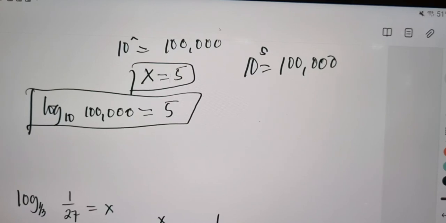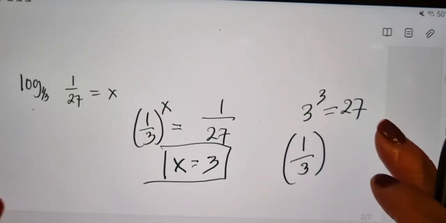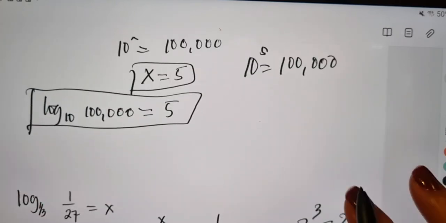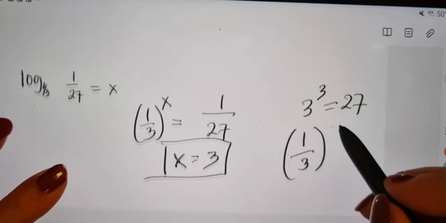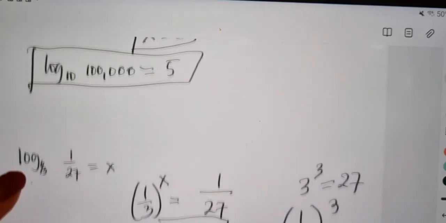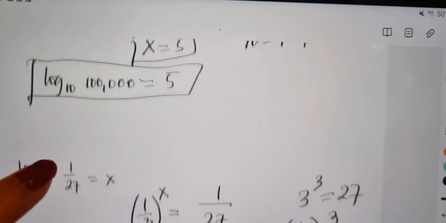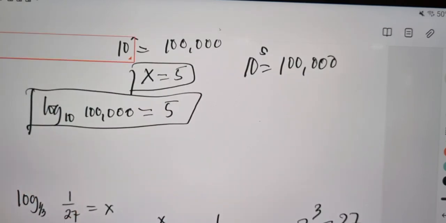Now, we know that 3 raised to 3 is equal to 27. Right? Which means that the exponent here is 3. Or x is equal to 3. Because 1 over 3 is 1 raised to 3.